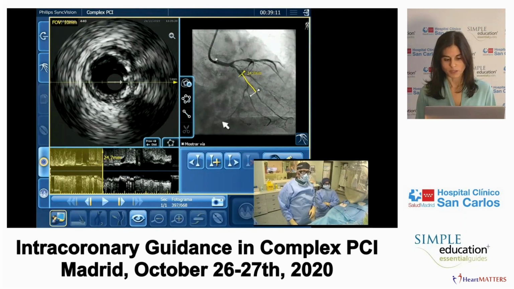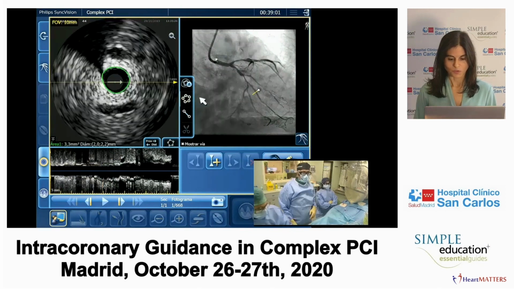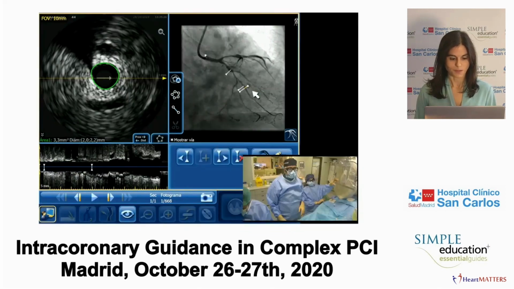Based on that, we have a distal reference of around 2, we have a proximal reference of 3. We adjusted the size of our stent to the distal reference. We chose a 2.25 stent, 26 millimeters, in concordance with the findings from the co-registration of angiography and IVUS.